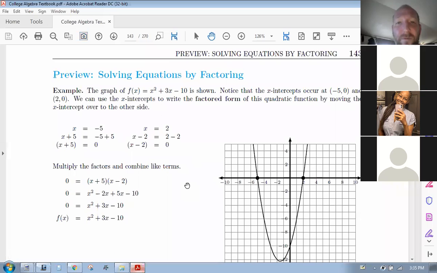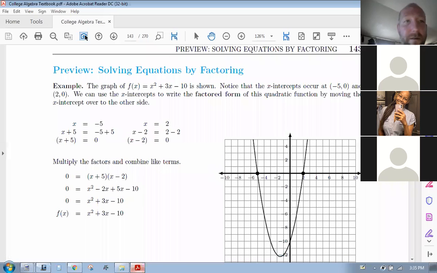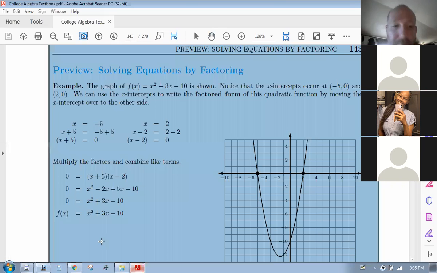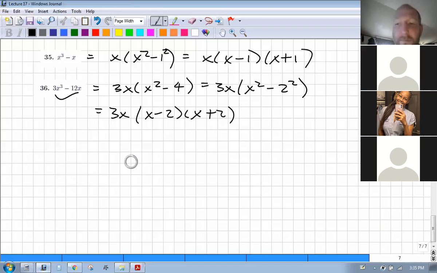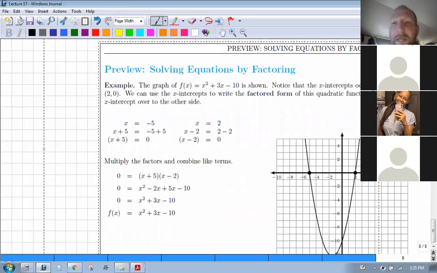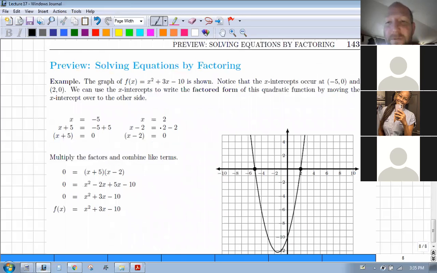All right, page 143. Okay, here's our graph of f of x. The x-intercepts occur at -5, 0, and 2, 0.